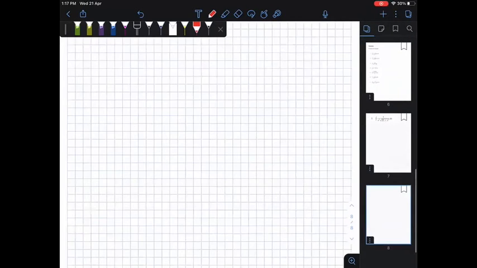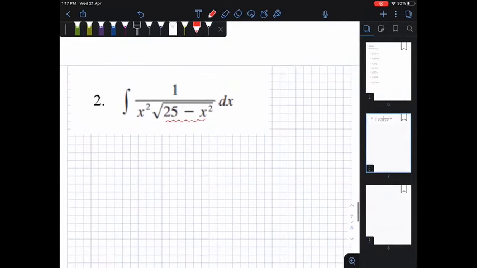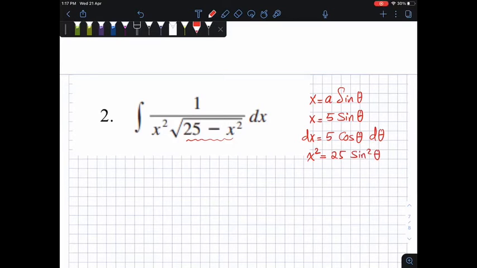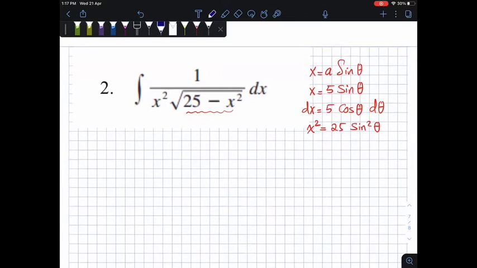And the relevant identity is 1 minus sine squared equals cosine squared. So we will let x equal 5 sine theta, and dx is equal to 5 times the derivative, cosine theta d theta. x squared will be 25 sine squared theta, and let's substitute in the question itself.